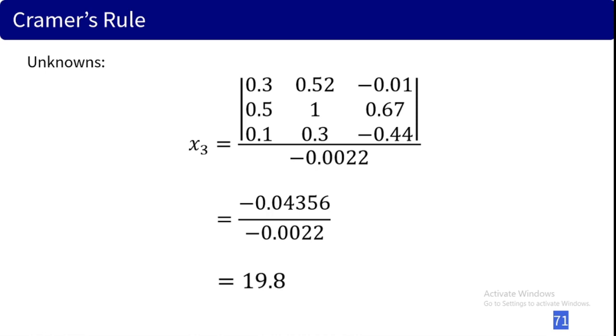So in this problem, by using Cramer's rule, we obtained the values of x sub 1, x sub 2, and x sub 3. Cramer's rule is almost easy to use when involving a 3x3 matrix.